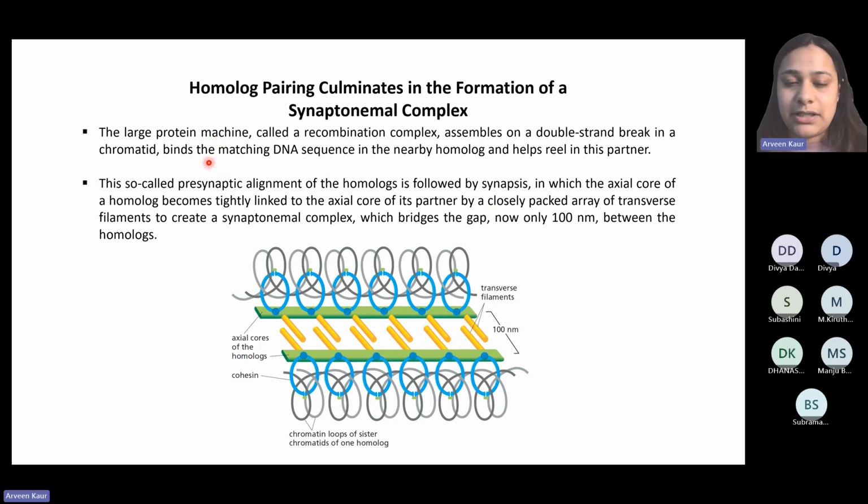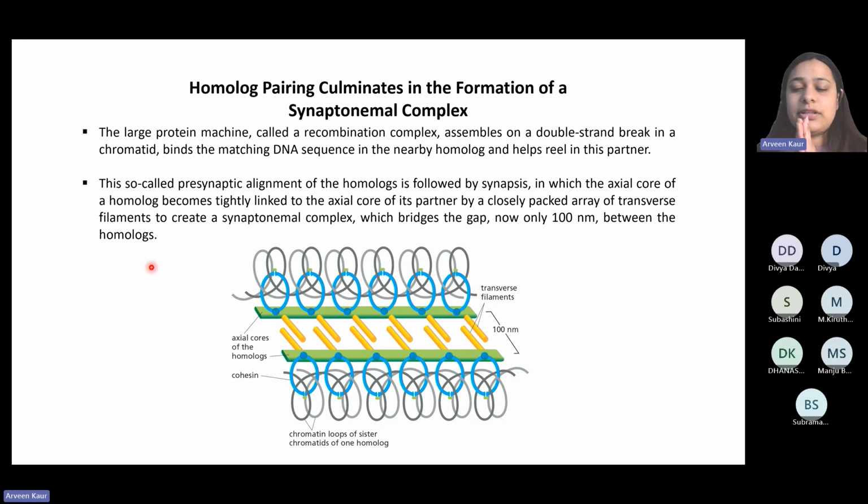During this presynaptic alignment, for example, these homologous chromosomes are about 400 nanometers apart. After that, synapsis occurs. After synapsis, the axial core of the homolog becomes tightly linked to the axial core of its partner by a closely packed array of transverse filaments to create a synaptonemal complex, which bridges the gap, which is now only 100 nanometers between the homologues.